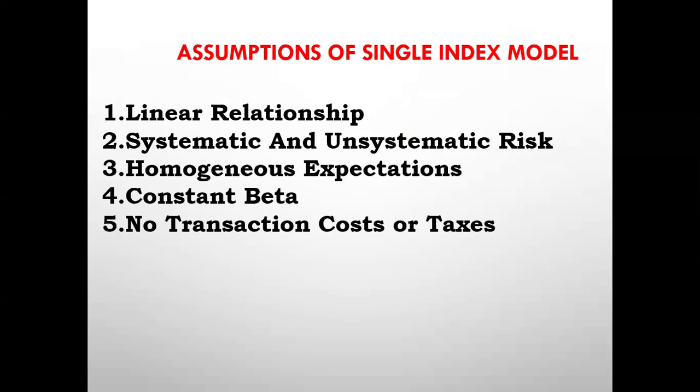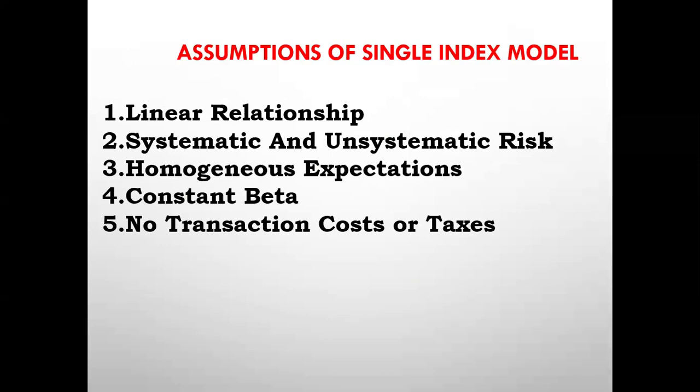After selecting all these, the portfolio will be selected based on the proportions to be invested in different securities. This is what the single index model gives as optimal portfolio construction.